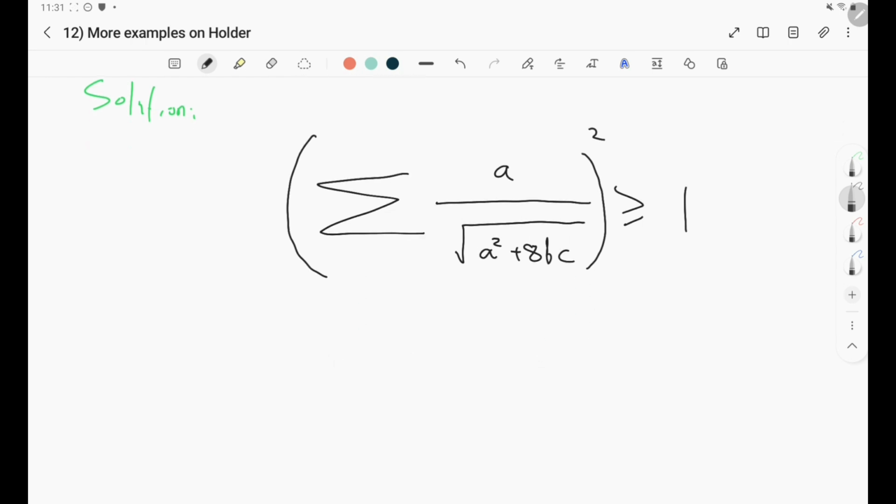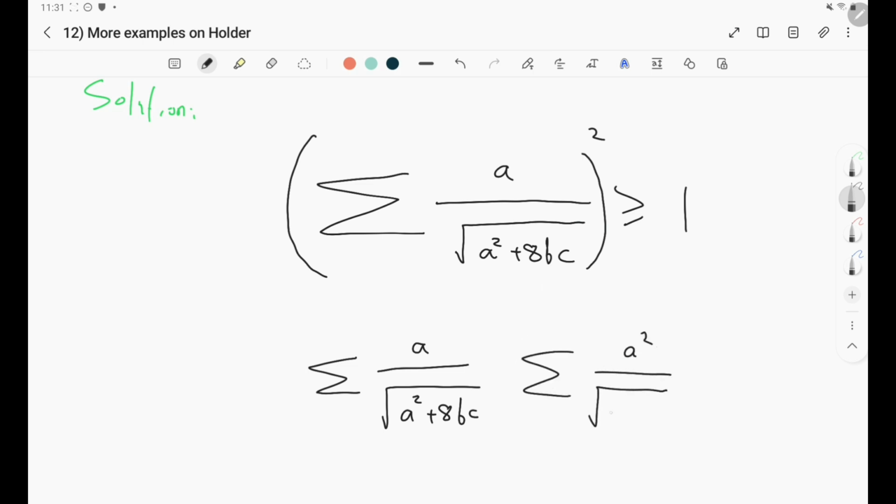So this thing is actually sum of a over square root of a square plus 8bc times another one of it. And as you can see, this is a really cool hack, because we use two of these guys without inserting anything. It's the same, I just used the idea of squaring.